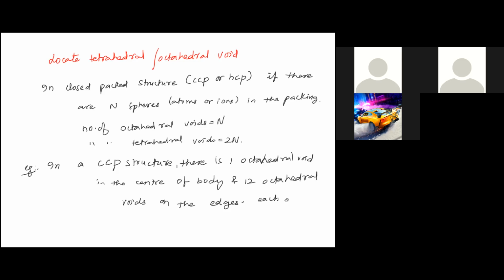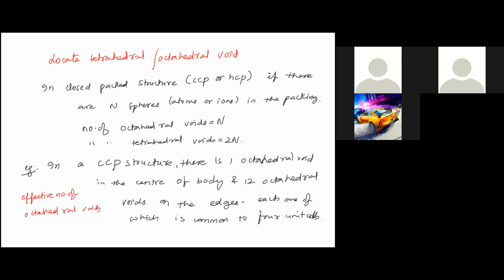Each one of which is common to 4 unit cells. You know, 1 unit cell is 1 cube. So what will happen? We have to see the effective number of octahedral voids.